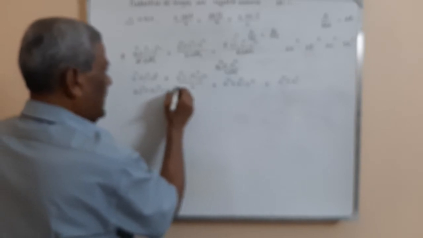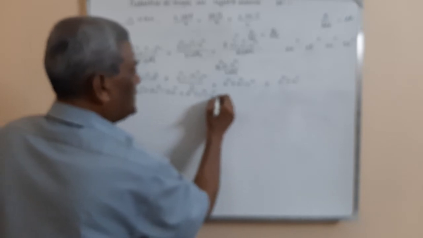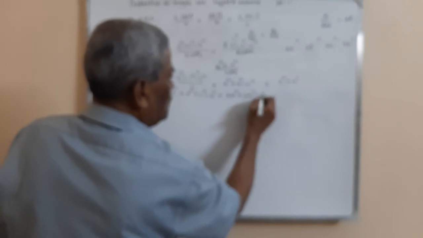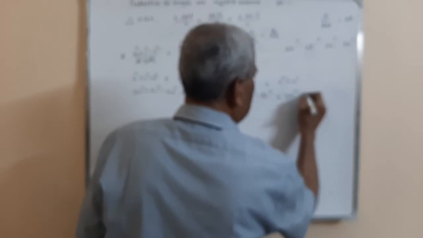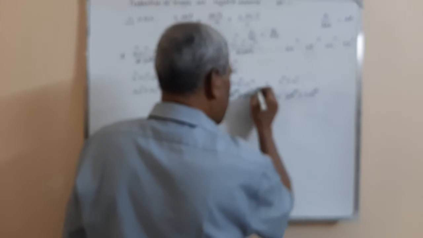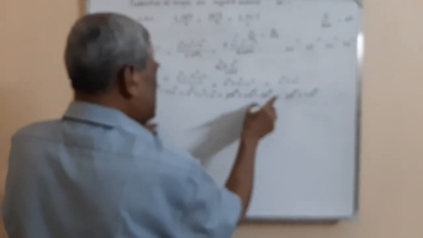Now multiply by 2, so that it is equal to 2B square plus 2C square minus 2A square plus 2A square, 2C square is equal to 2A square plus 2B square. Now 2A square cancels, 2B square cancels, 2C square cancels.